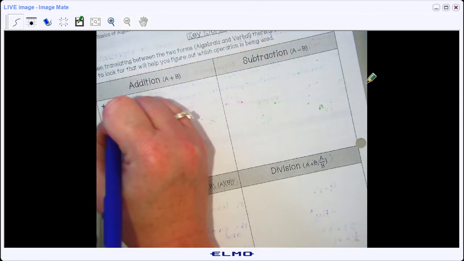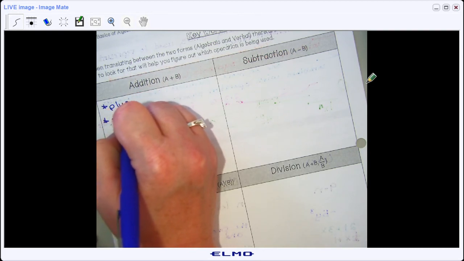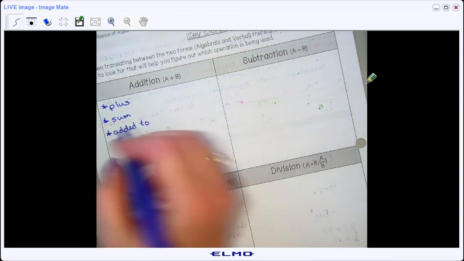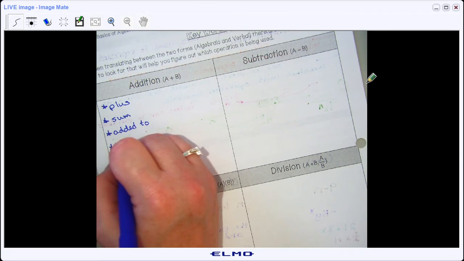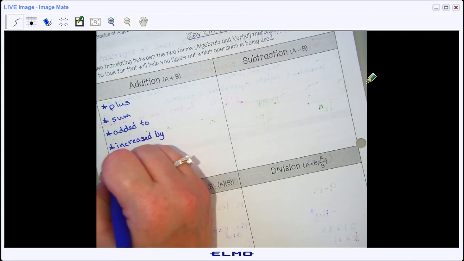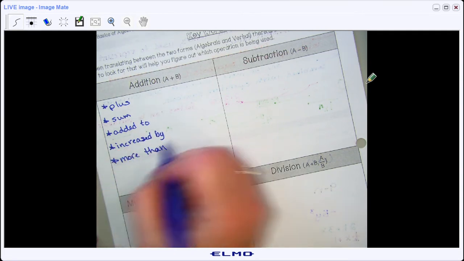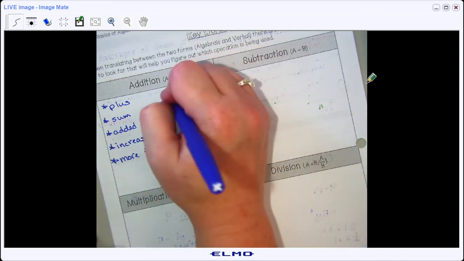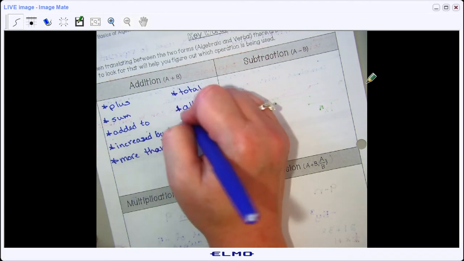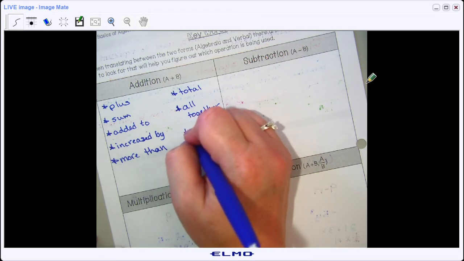So adding, we've got plus, sum, added to, increased by, more than, total, all together, and combined.